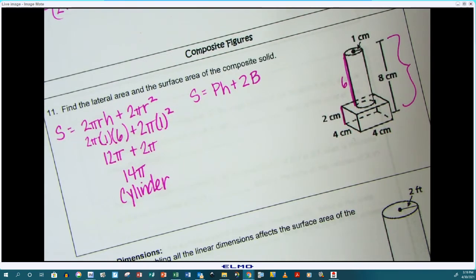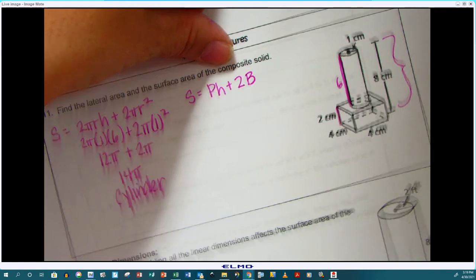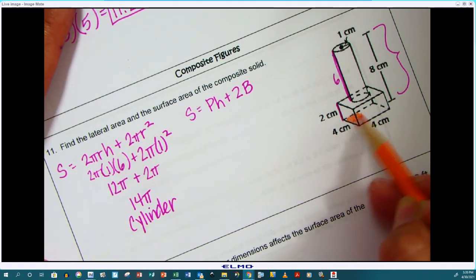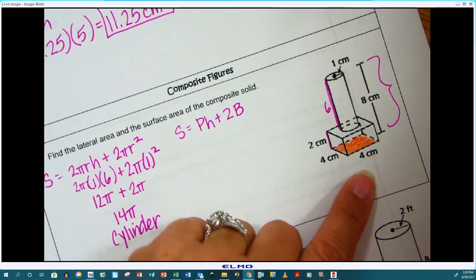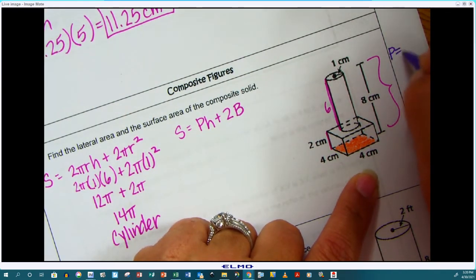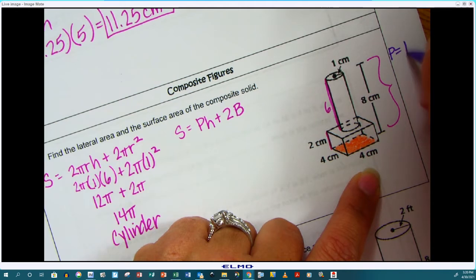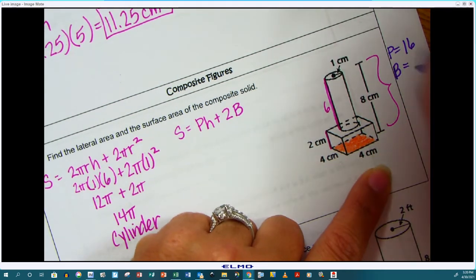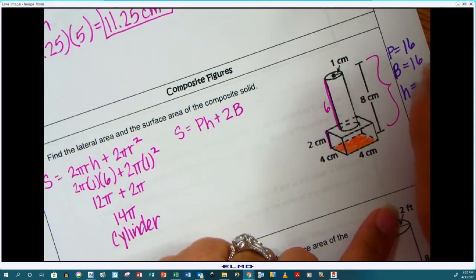The surface area of this thing over here, well, we need the perimeter of that. What is the perimeter of that? So 4, 4, 4, 4 is 16. The area of the box is 4 times 4. The height of the box is 2.